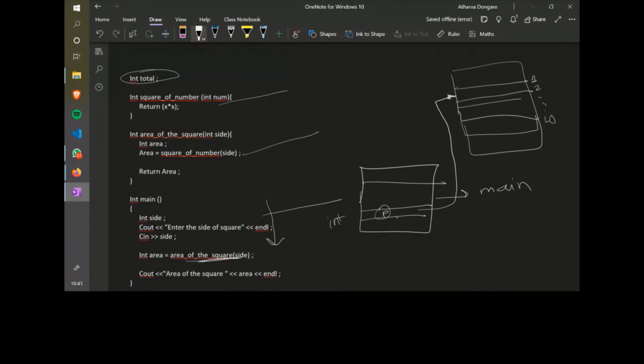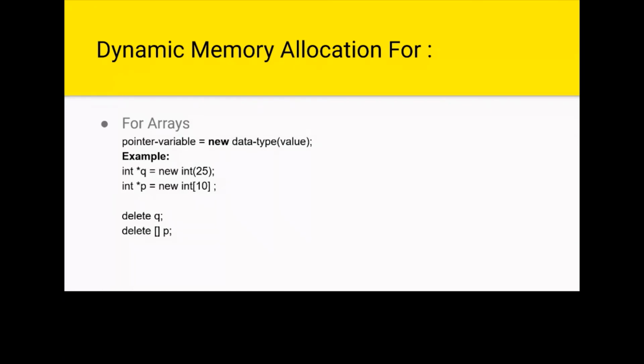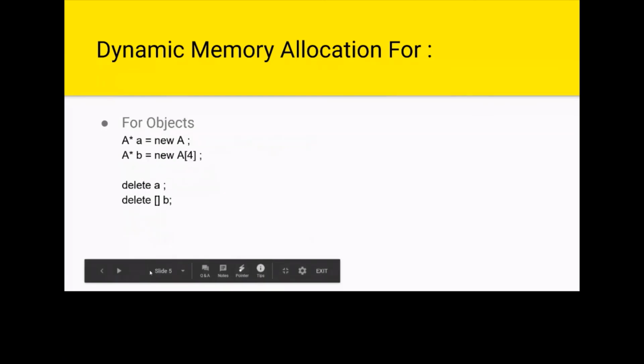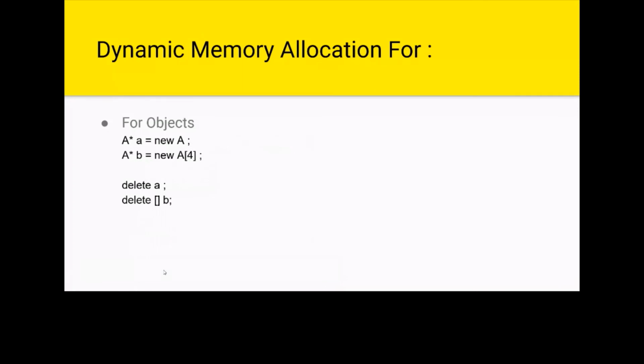So in short, we are just declaring the array of 10 elements using the new keyword. And for delete, as we spoke earlier, we just mention the keyword delete and the variable which has to be freed. This can also be implemented for objects: we just define the class pointer, and then use the keyword new and define the object which is to be created.